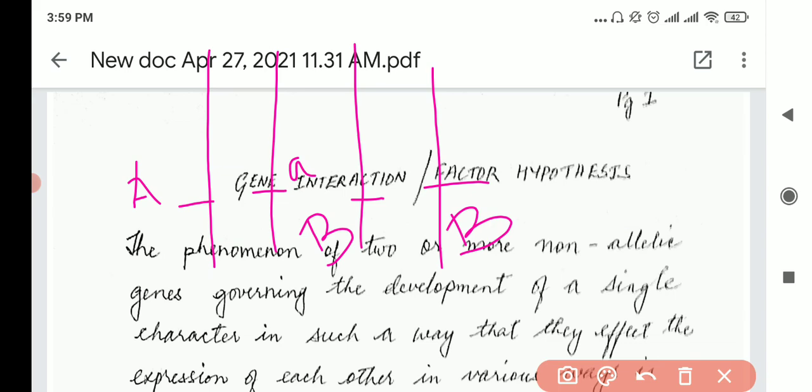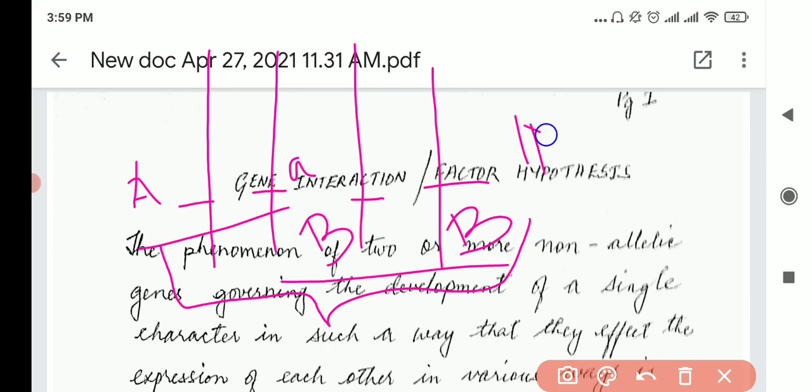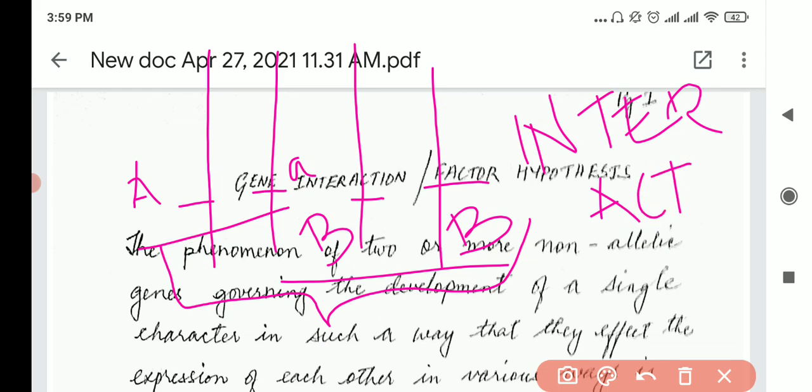But we need these two different alleles, that is A alleles and B alleles, we need them to interact with each other. We need them to interact with each other, then only they will produce some external phenotype, like some trait. Let's say they will finally produce height. Okay, whether how tall or how short, we don't care. It depends on the dominance and recessive.